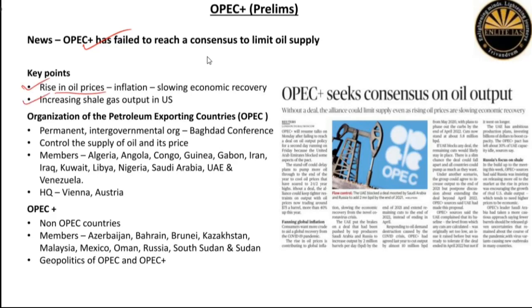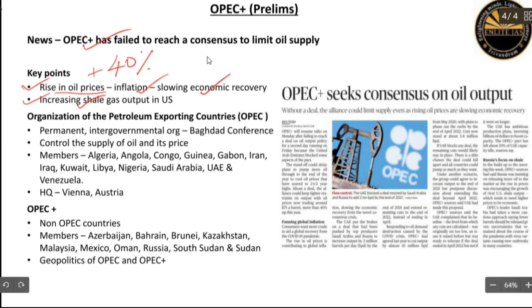It mentions an increase in oil prices, which are said to have shot up 40% this year alone, which has led to increased inflation across the globe, and that has also led to slowing economic recovery from the pandemic.